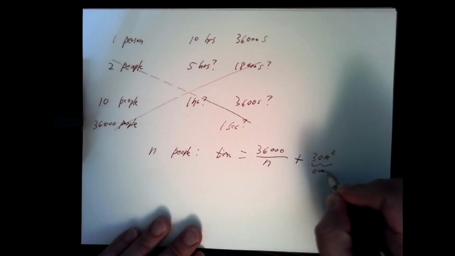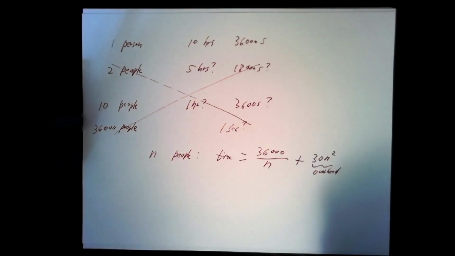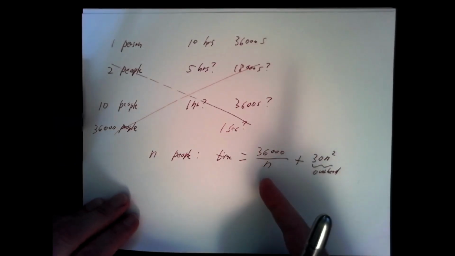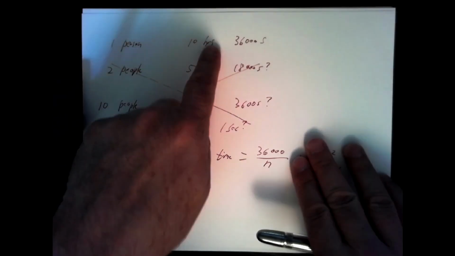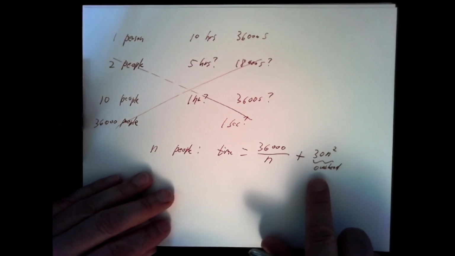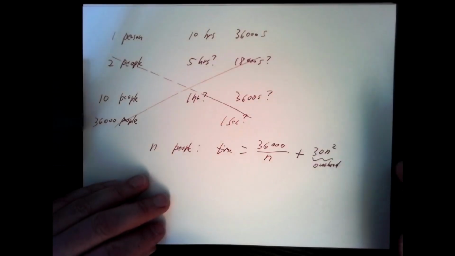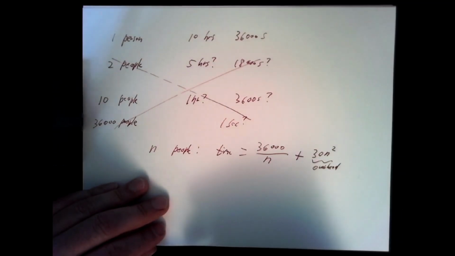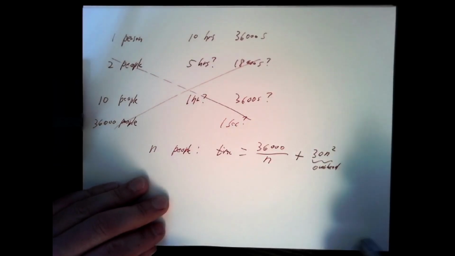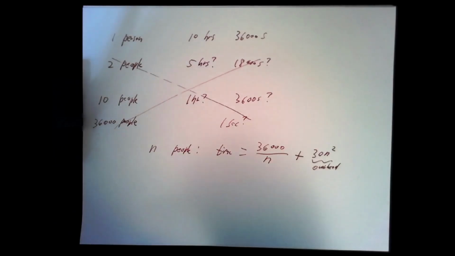This is our overhead. So there's a non-scientifically generated formula for how long it takes to paint the room if you have n people working on it. 36,000 divided by n is dividing the 10-hour task into n pieces, but also adding a bit of overhead to that time because people have to stop what they're doing to let somebody else go by, and maybe you need to move a drop cloth that somebody else is standing on, and so on and so forth.